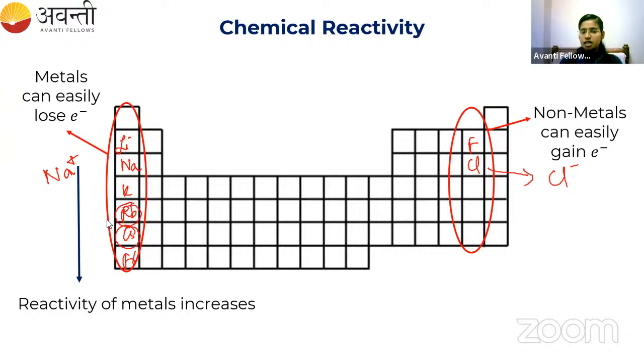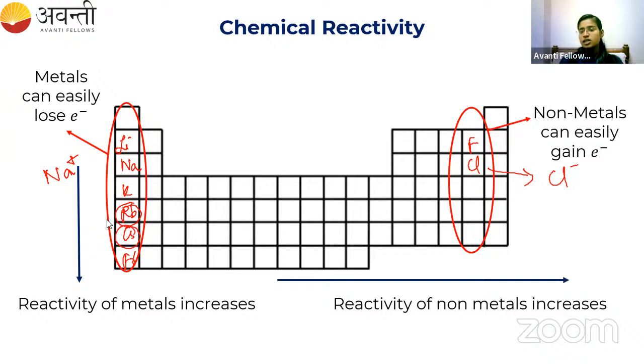Like that, the reactivity of metals increases on moving down the group. The other way around, the reactivity of non-metals increases across the period. Okay. So this is about the reactivity of metals and non-metals.